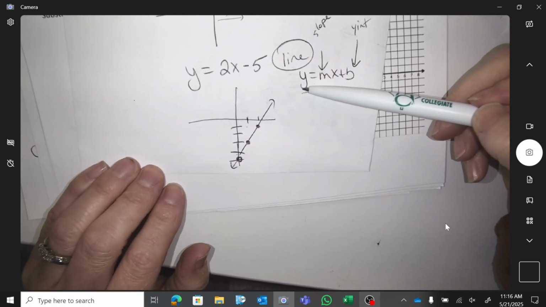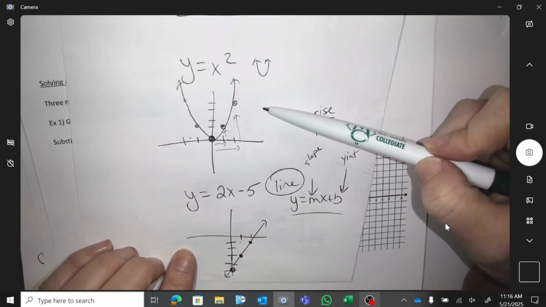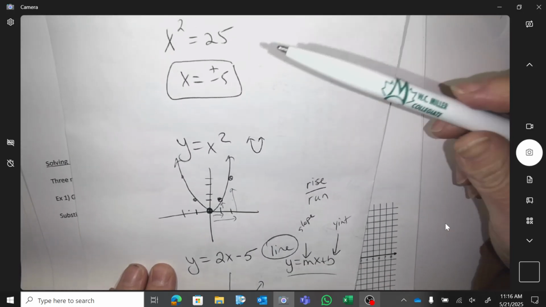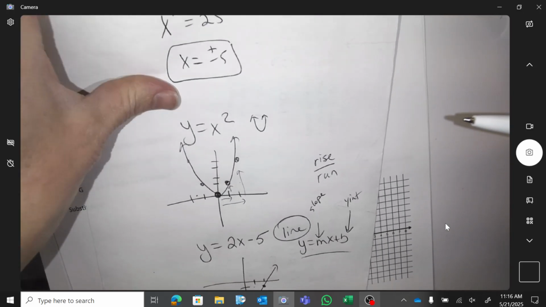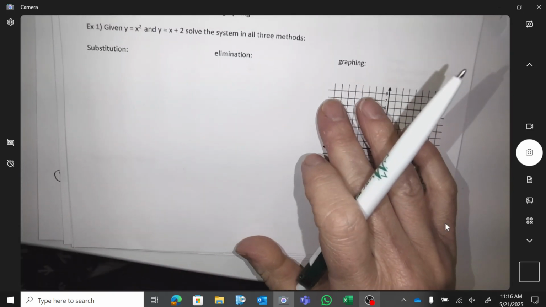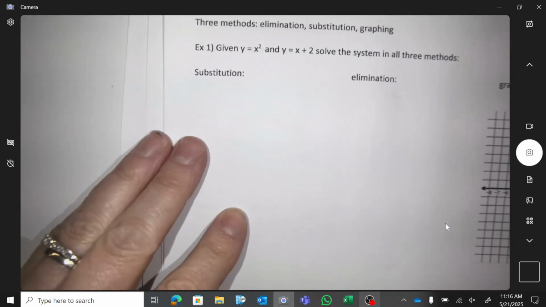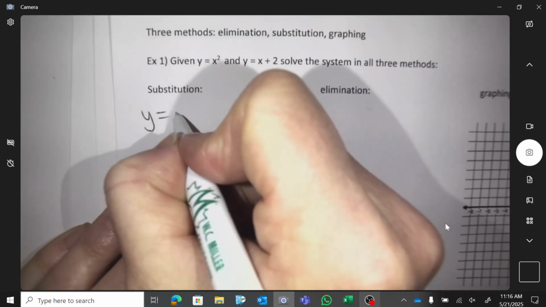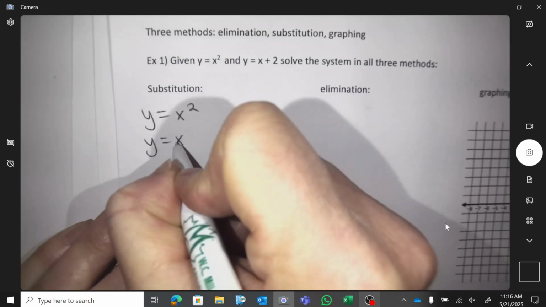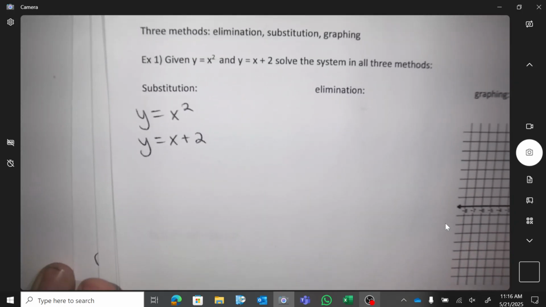How to graph a line from grade 10, how to graph a quadratic from the start of grade 11, and the quadratic answers. Okay, so here we go. y equals x squared and y equals x plus 2. This is a system of equations.